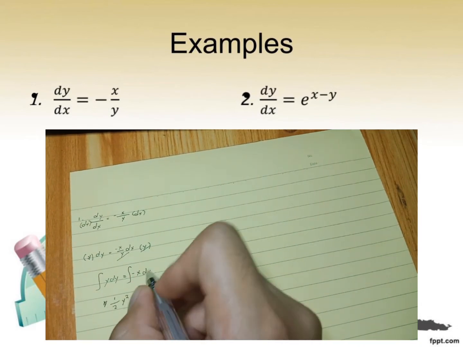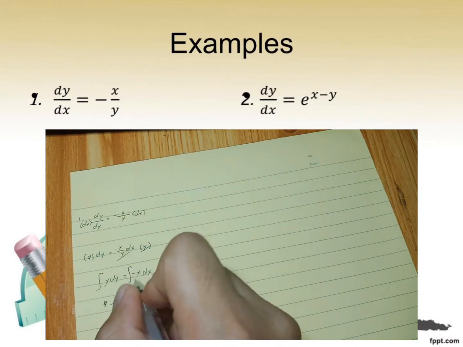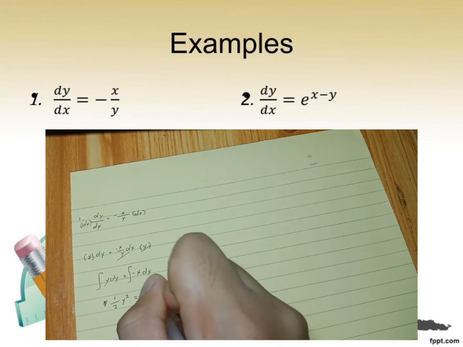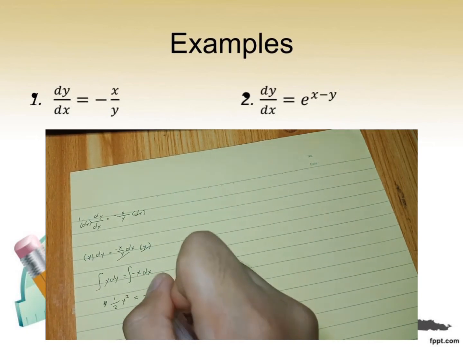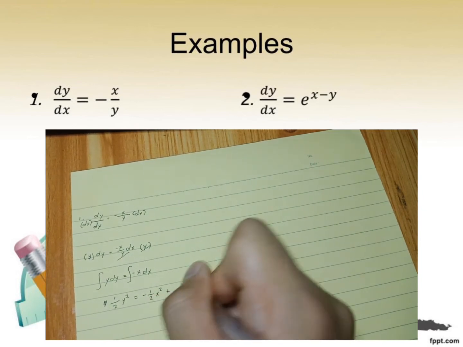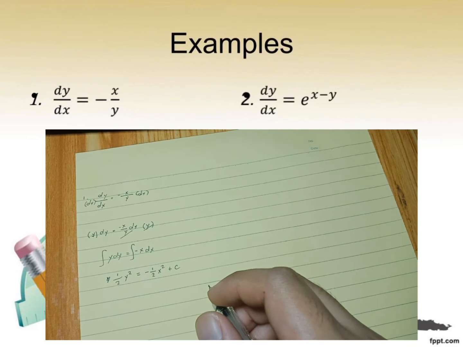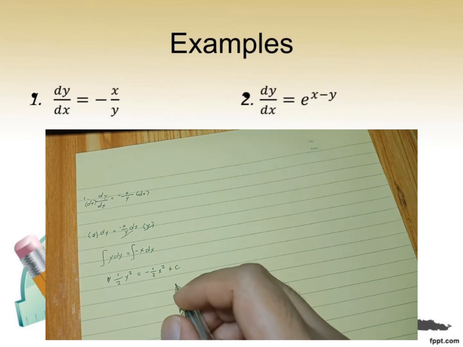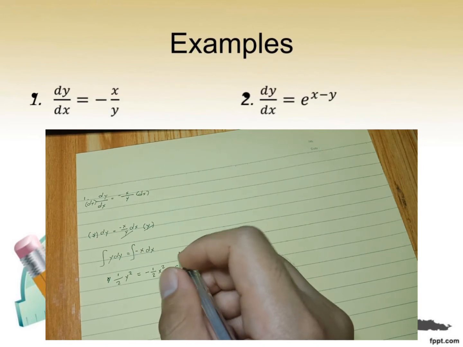the antiderivative of negative x, which is negative 1/2 x squared, plus c. To remove the 1/2, we need to multiply both sides by 2.